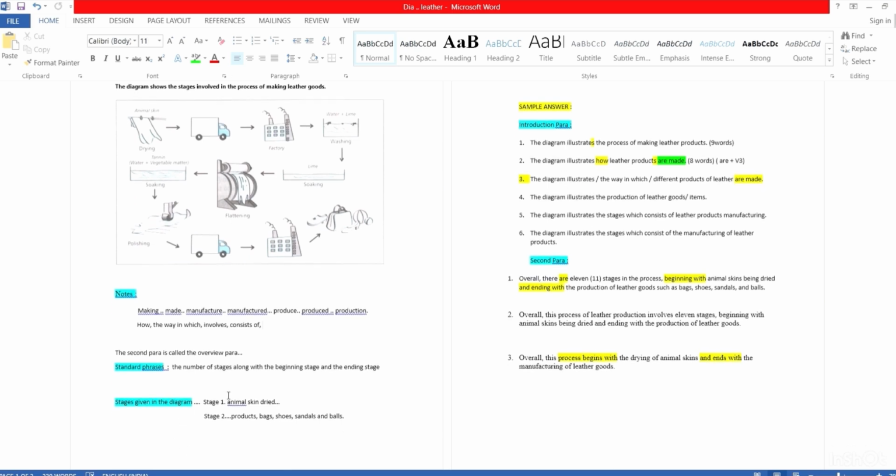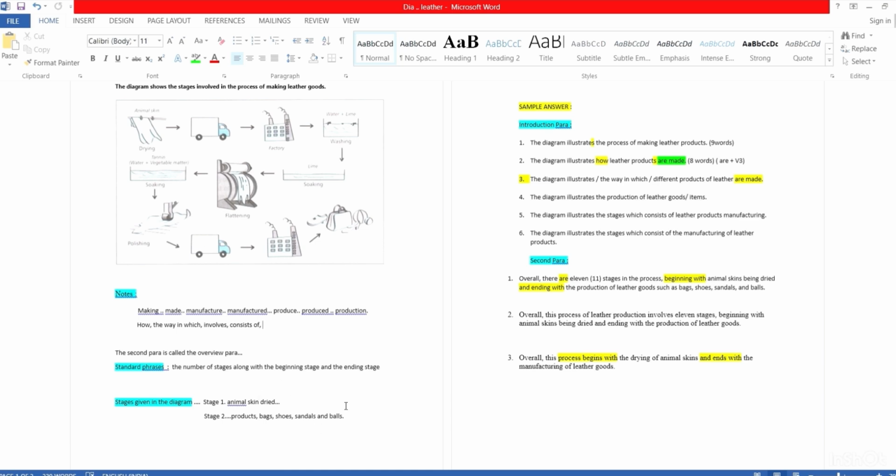So we had made our notes here. Stage 1, that is the beginning stage, is animal skin dried. Because these are the notes, we will just write it in the easy way or in the form of running notes. The stage 2 is the products, which are the bags, the shoes, the sandals, and the balls.